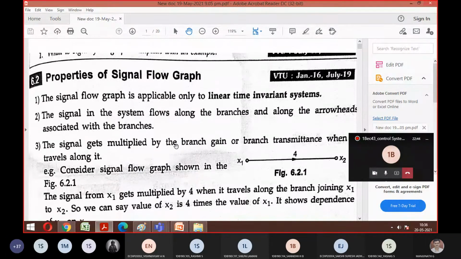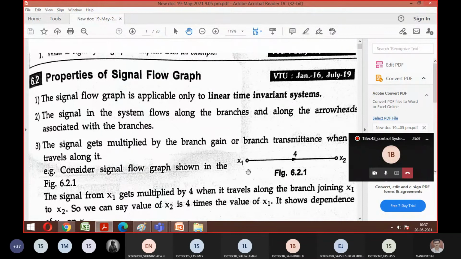Yes, sir. So let's move on to property number 3. A signal gets multiplied by a branch gain, the other name being branch transmittance, when it travels along it. You can look at this example. There are two nodes, x1 and x2. The branch is connected, the arrow mark is there.